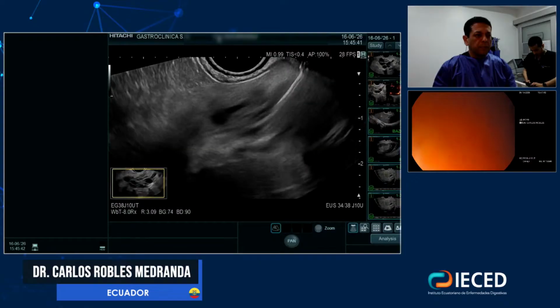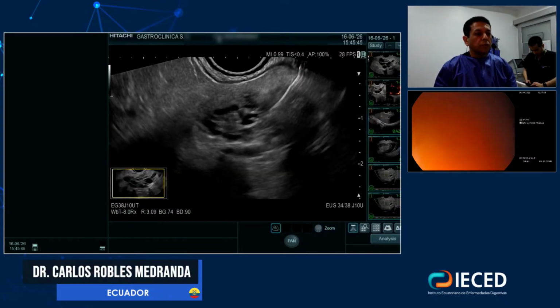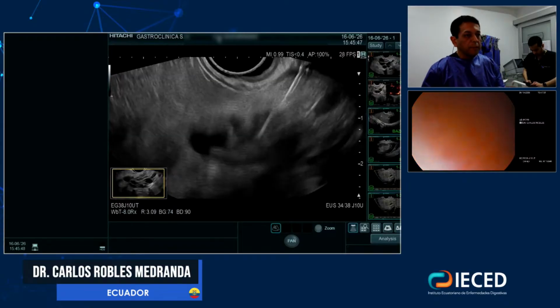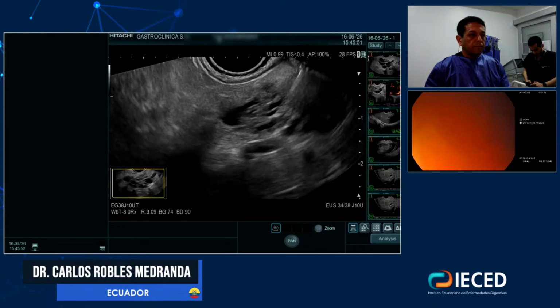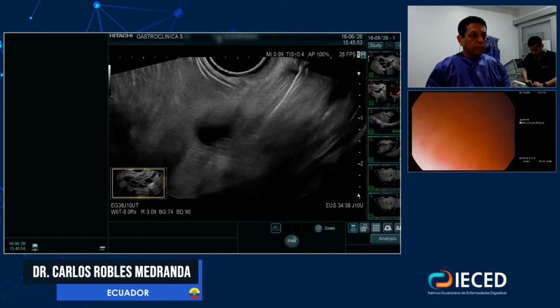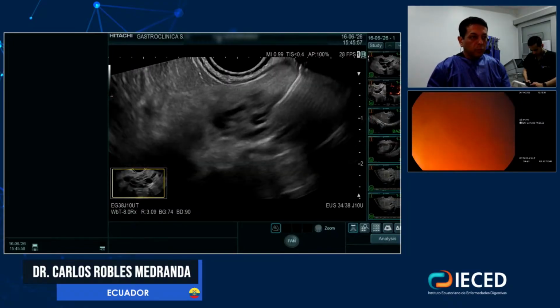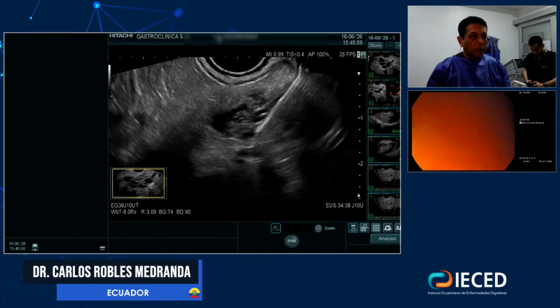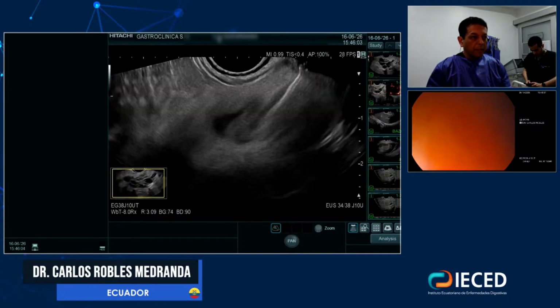And that was published many years ago in World Journal of Gastrointestinal Endoscopy, I believe. So you can see I try to pass through the whole lesion to have epithelium.